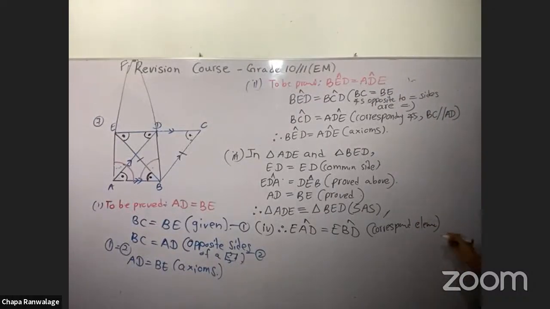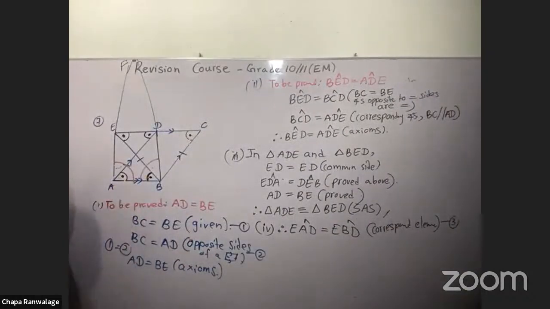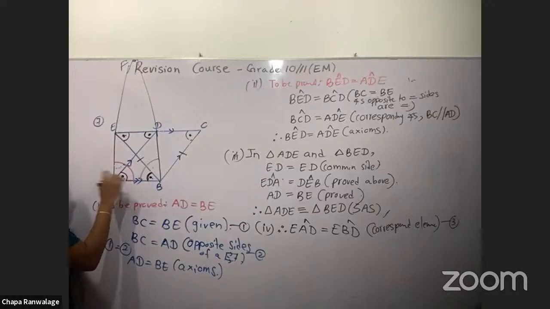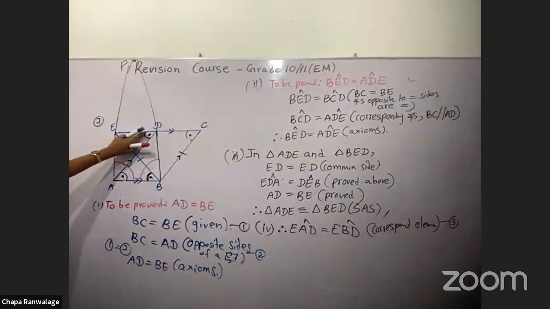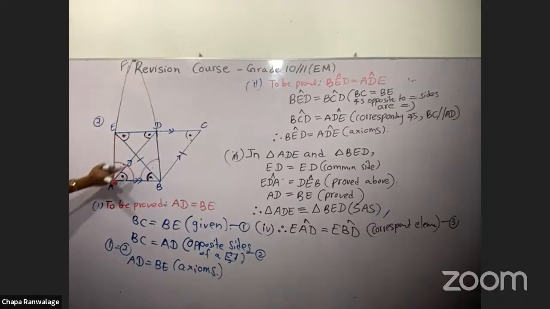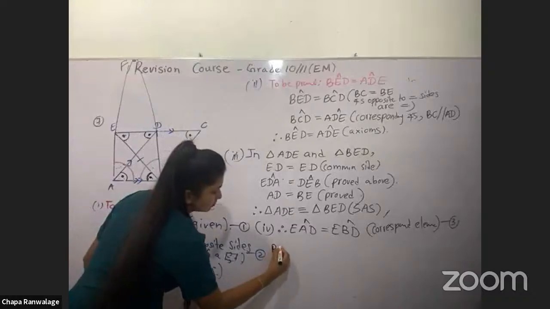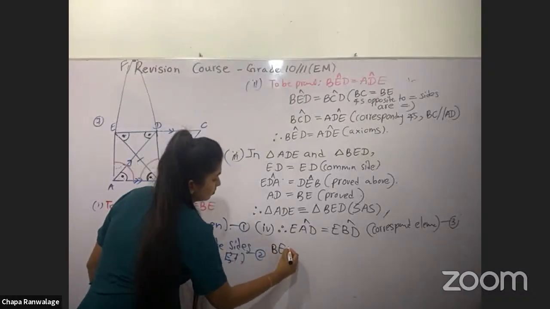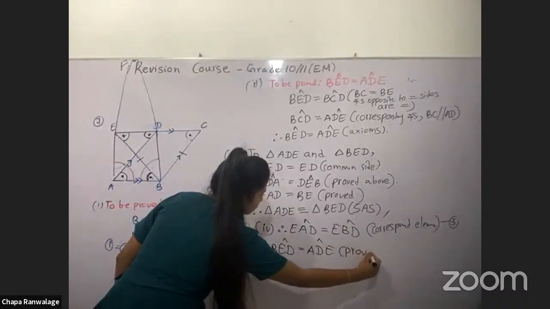Right? Make a... and... BED equals ABE. Prove.